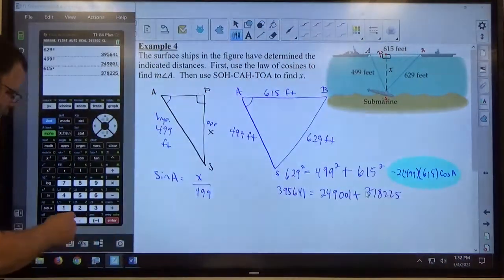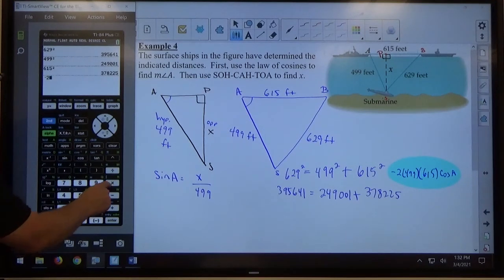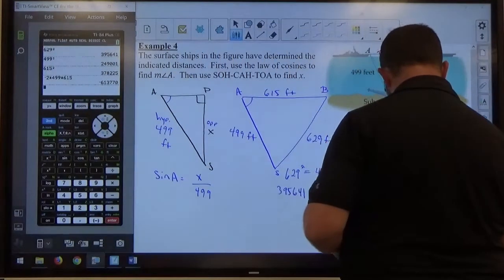And then -2, notice negative's the first number I'm typing, so -2, I use the negative key, times 499 times 615 is -613,770.